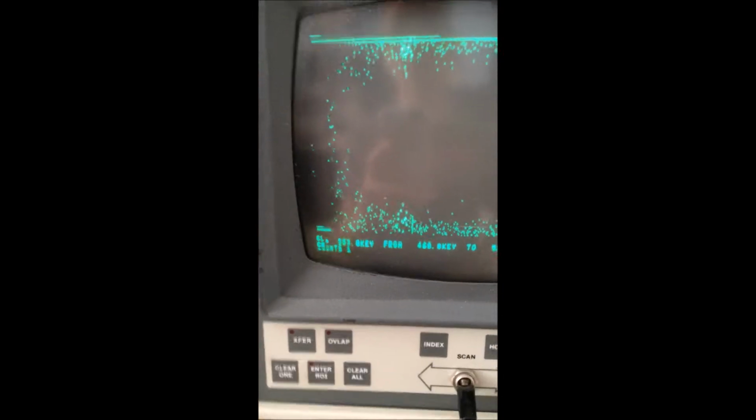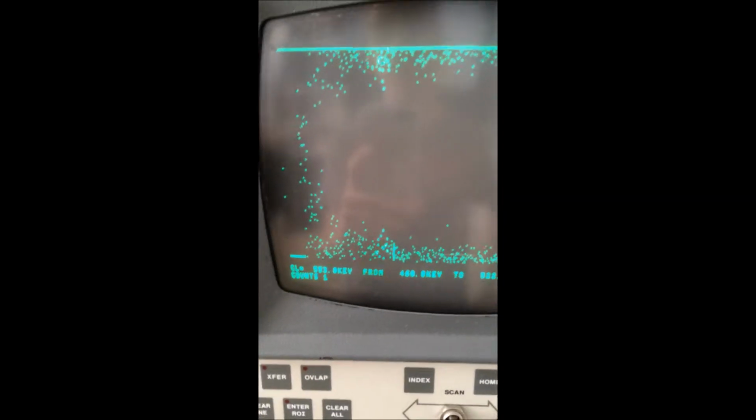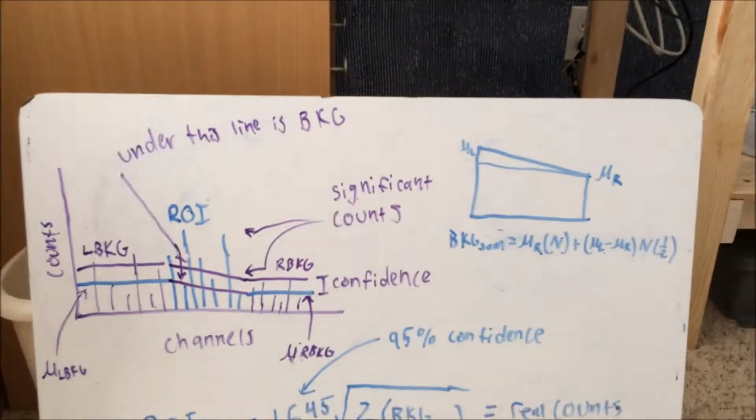It is still sort of discernible in the spectrum, though, so just because it looks like it's there doesn't necessarily mean that it's significant, so we're going to have to load this onto the computer and do some more statistical analysis on it.